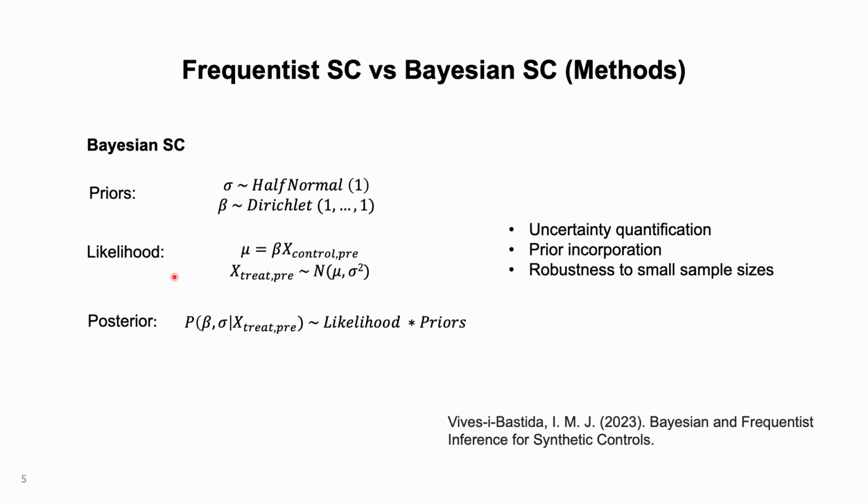And for the likelihood, we use a parameter called mu to represent the weighted sum of coefficients over the control region data, and then model the data in the treatment region pre-intervention as following a normal distribution, where the mean is the synthetic control data, or the weighted sum of control data, and the variance is modeled by the sigma in our priors.